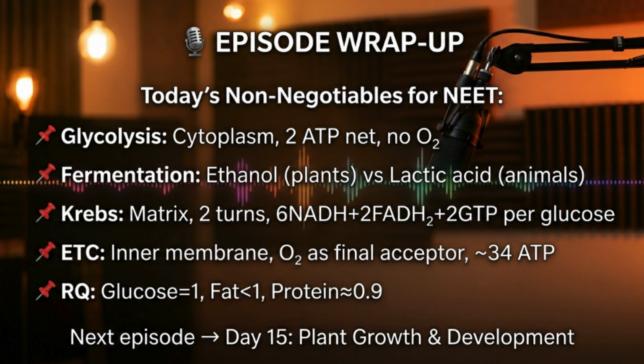Krebs cycle runs in the mitochondrial matrix, turns twice per glucose, produces 6 NADH, 2 FADH2, and 2 GTP. 4. ETC is on the inner mitochondrial membrane. Oxygen is the final electron acceptor, and chemiosmosis generates around 34 ATP. 5. RQ. Glucose equals 1, fats less than 1, proteins approximately 0.9.